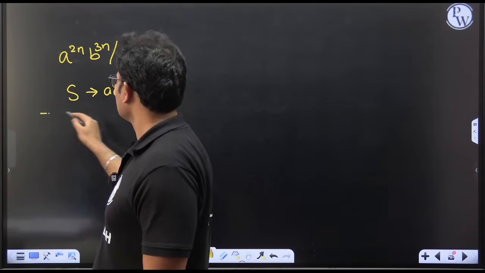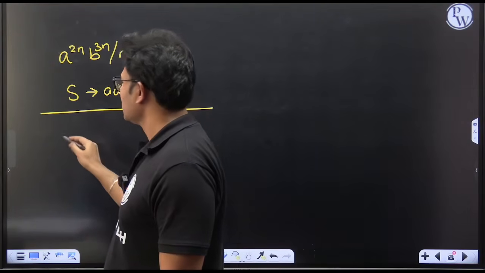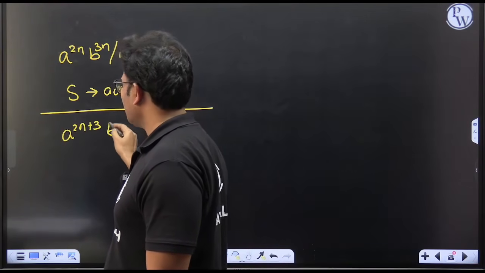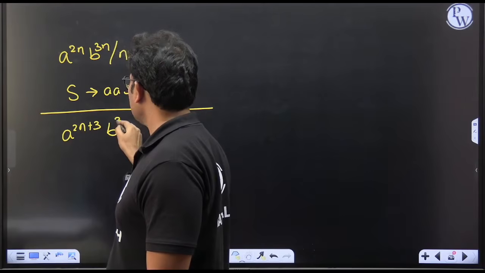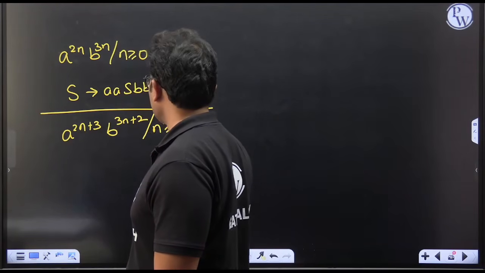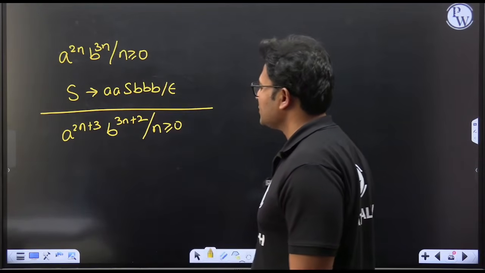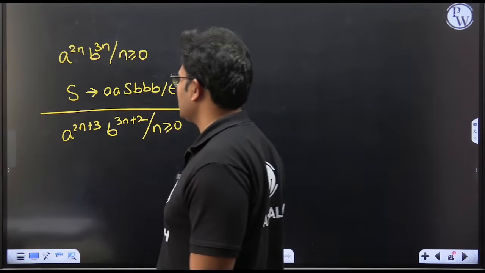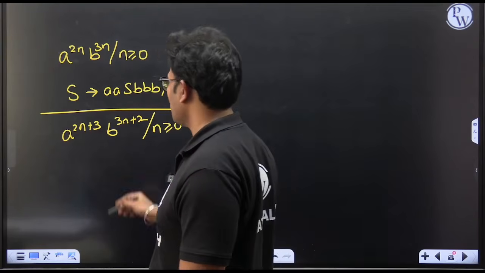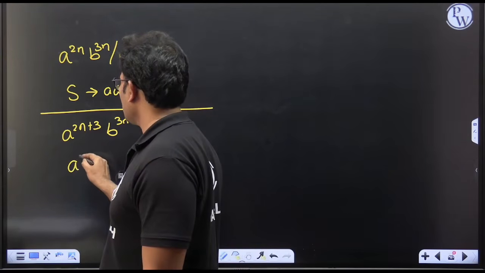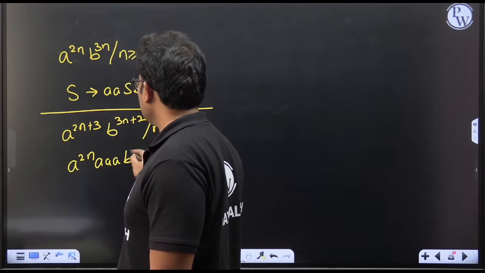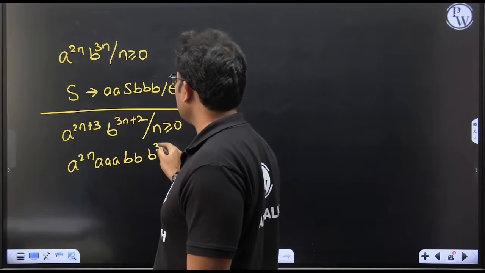Now A power 2n plus 3, B power 3n plus 2 such that n is greater than or equal to 0. Right? How are you going to write it? You are going to write it like this: A power 2n followed by A, B followed by B power 3n, right?